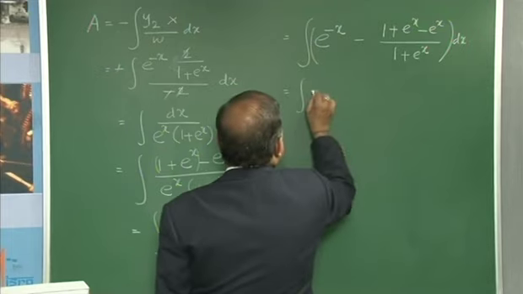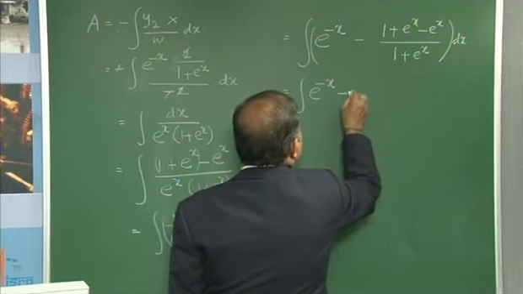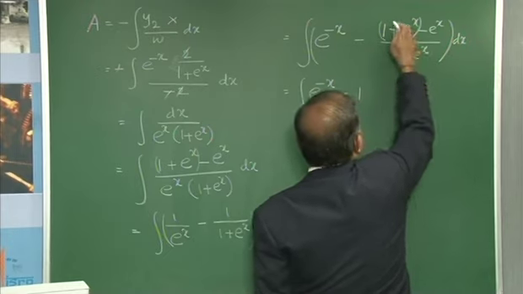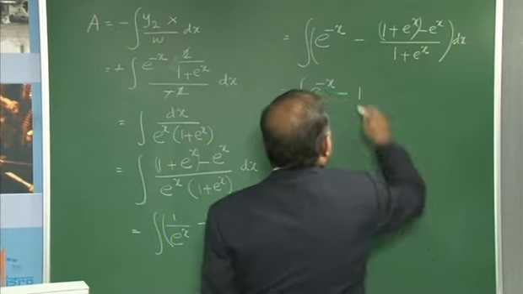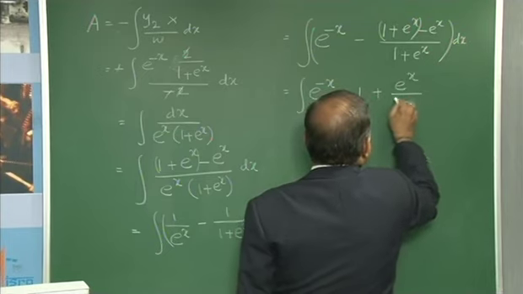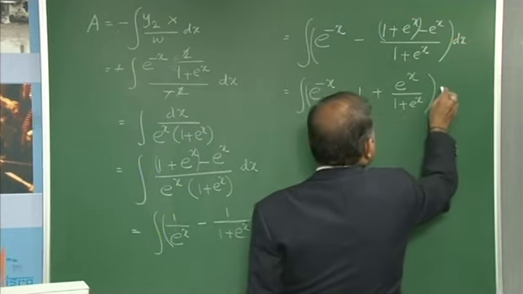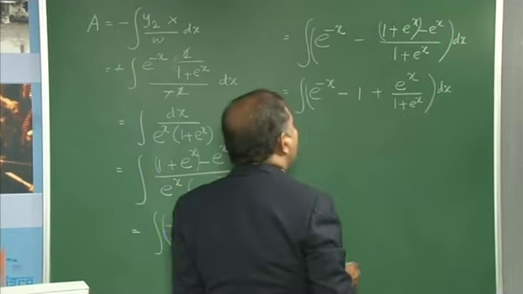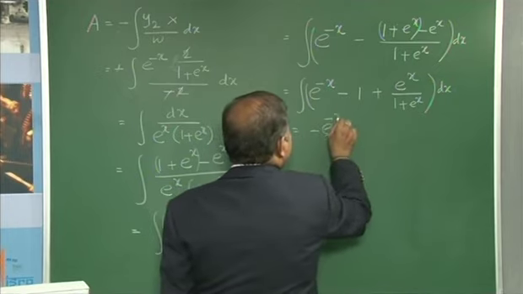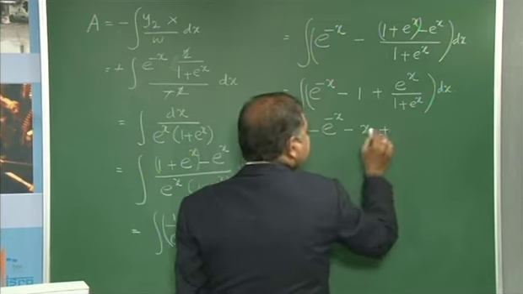Apply the same procedure, group 1 plus e power x only. If it gets cancelled, I will get 1. I am grouping this, by this it totally gets cancelled. Minus into minus plus e power x by 1 plus e power x, dx. Now the integration is very simple. It is minus e power minus x, minus x integration is x.